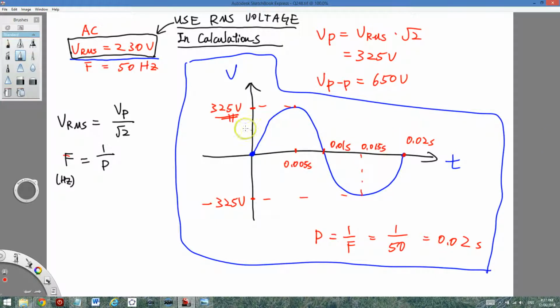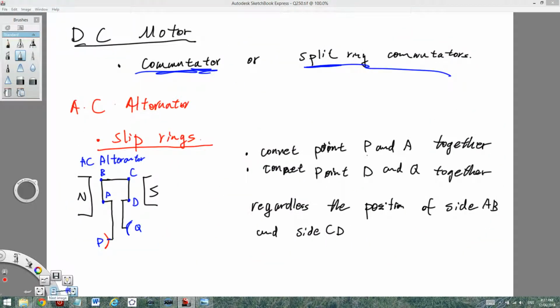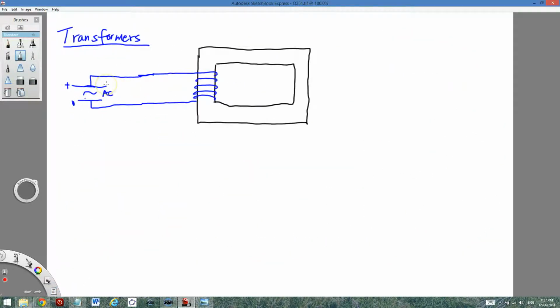It's always changing. So the beauty of this setup is, if I have an AC current through it, traveling around this solenoid, the current always changes.